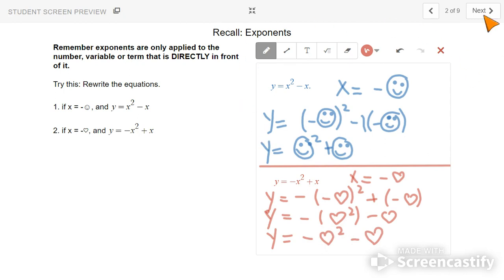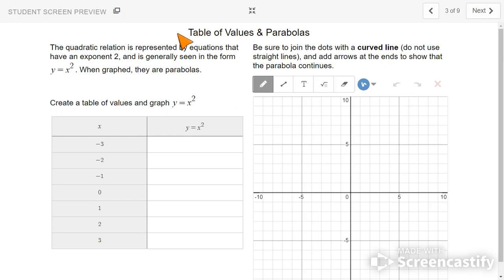All of that is to set us up for creating a table of values with quadratic equations. Let's first use this equation and graph it. y is equal to x squared. The values of x, negative 3, negative 2, all the way to positive 3.